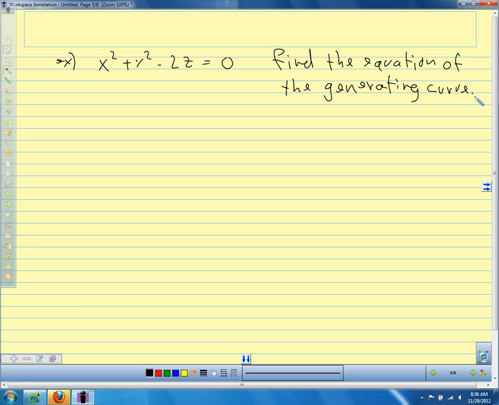Move the 2z over. Since the coefficients on x squared and y squared are 1, that suggests we write our equation for our surface of revolution in terms of x squared and y squared. So we say x squared plus y squared equals 2z. Given this form, what is our axis of revolution? Z is our axis of revolution.